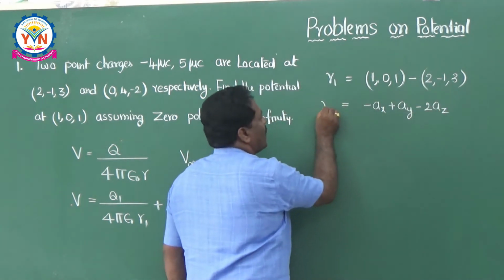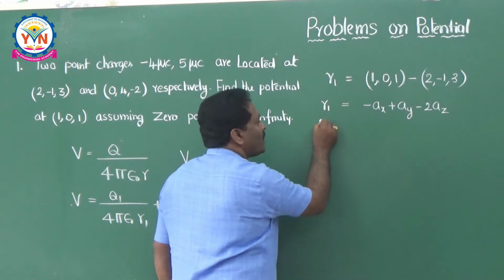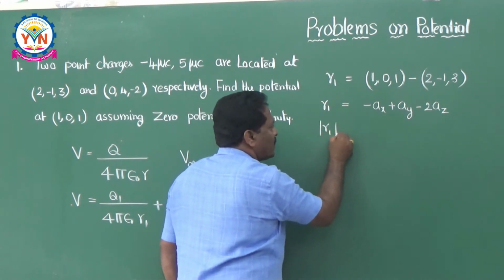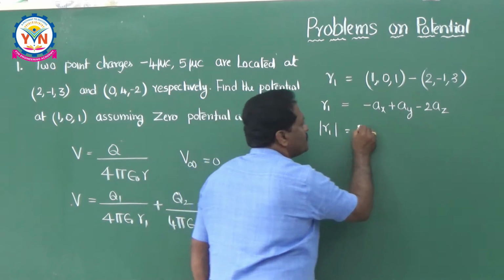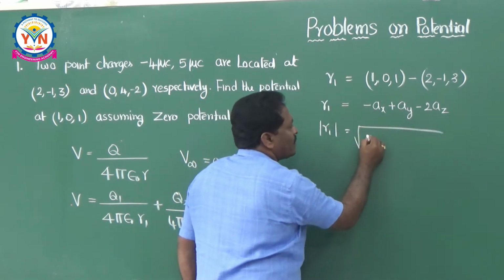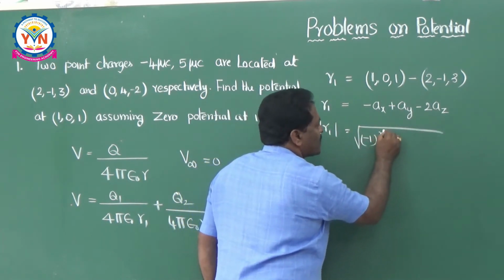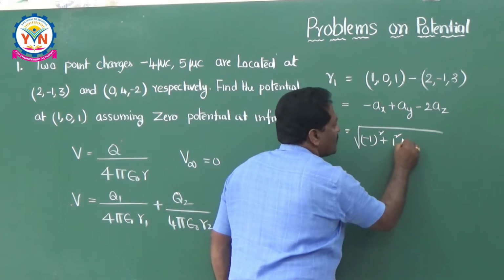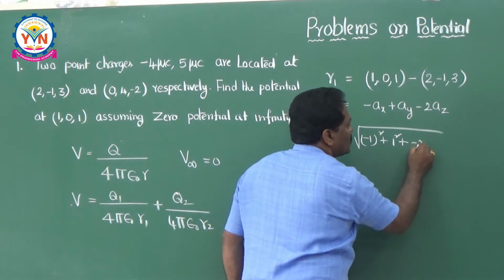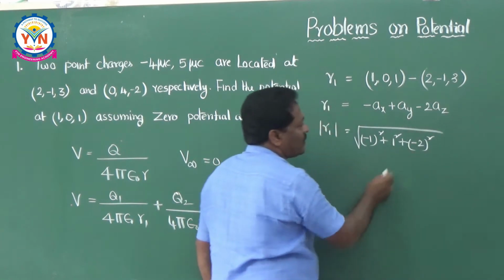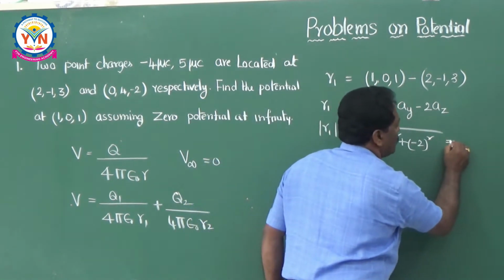This is nothing but the R1. But I require the R1 magnitude, which is equal to root of (-1) squared plus 1 squared plus (-2) squared. That means 1 plus 1 plus 4, that is 6, so it is equal to root 6.